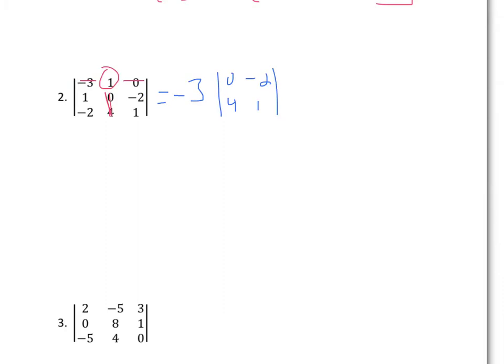The only problem is the second element, the middle part here, is always subtracted. Plus, minus, plus. So we've got 1 times the determinant of 1, negative 2, 1.